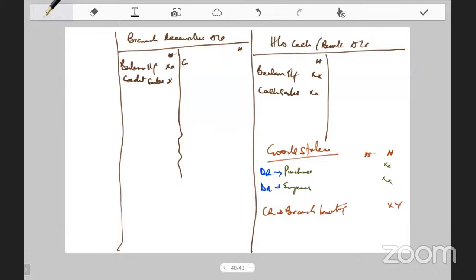Then we'll take the profit element to the expenses account. So what we need to understand is that when we now get to purchases, we are going to adjust for that amount, saying that the goods stolen will reduce whatever we're having in our cost of sale, so our purchases. Okay, let's go to the next item.